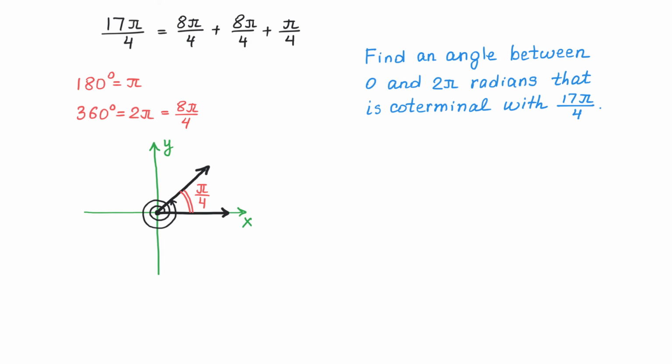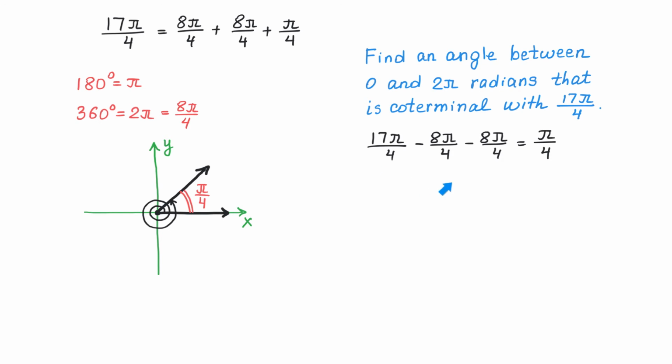In the first step, we will find an angle between 0 and 2 pi radians that is coterminal with 17 pi over 4. For this, we will take 17 pi over 4, and we will subtract 8 pi over 4 and another 8 pi over 4. Then we will get pi over 4, which is an angle between 0 and 2 pi radians.